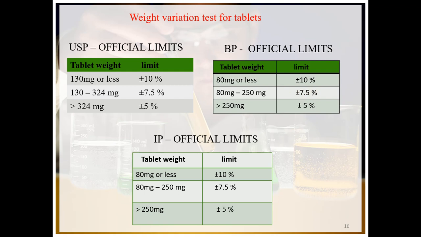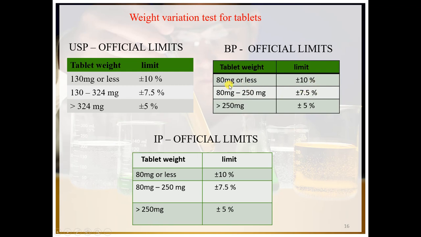You can see the clear difference here. In this case, the tablet weight is 80 milligram or less, meaning 75, 78, 76, while in this case, the tablet weight is from 80 to 250 milligram, so the limit is 7.5%.